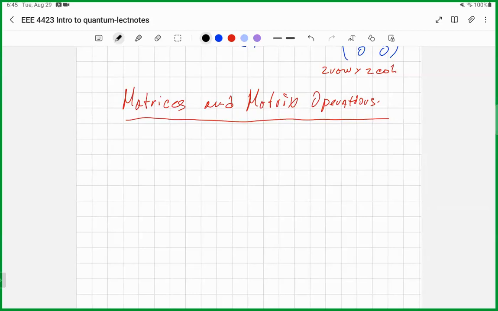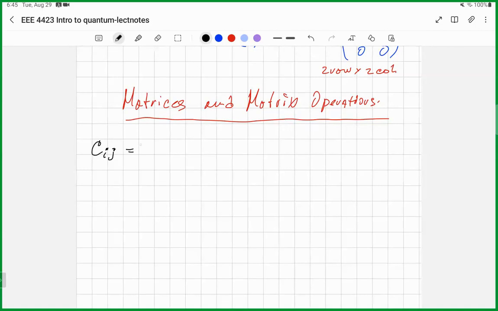So any square matrix in n dimension can be written as C with indices i and j, where i denotes the rows, and j denotes the columns.